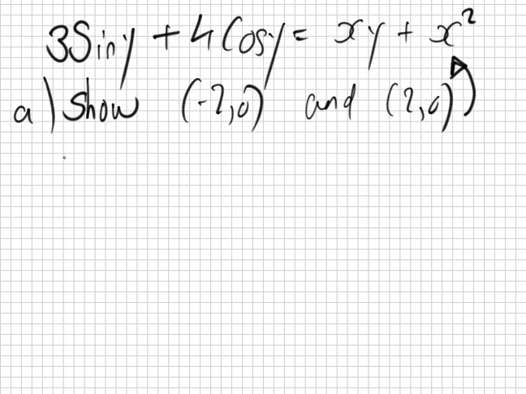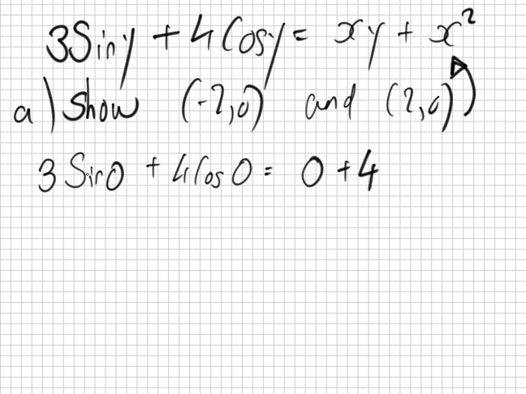So let's put in the first one. You'd get 3 sine 0 plus 4 cos 0 equals 0 plus 4. Well, sine 0 is 0, cos 0 is 1, so you'd end up with 4 equals 4, which is true. So we confirmed that this point is on the curve.